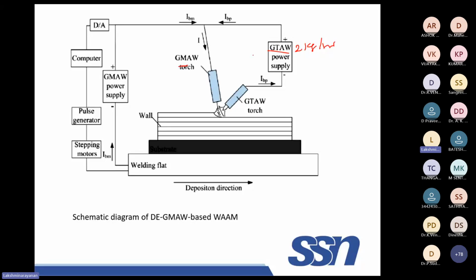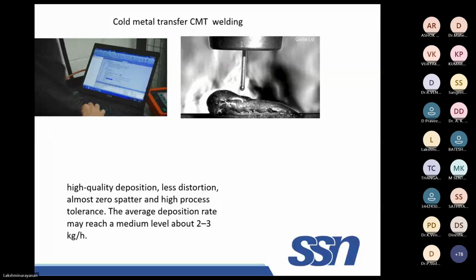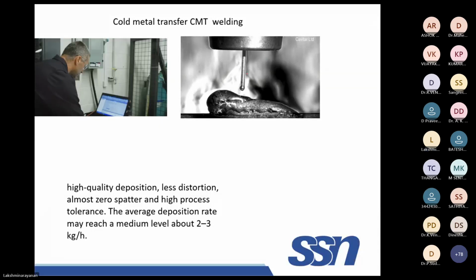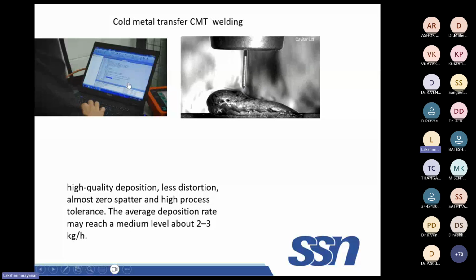Both will have different properties. So there is another process, cold metal transfer. I'll just play this to understand how it works. You just watch this. You can see the wire being retracted. Watch how the metal is being transferred.